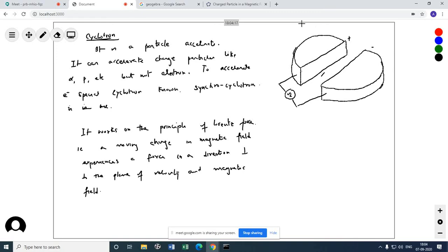The magnetic field is present perpendicular, directed from top to down. For example, this is the direction of the magnetic field, perpendicularly downward. Maybe there are two pole pieces.